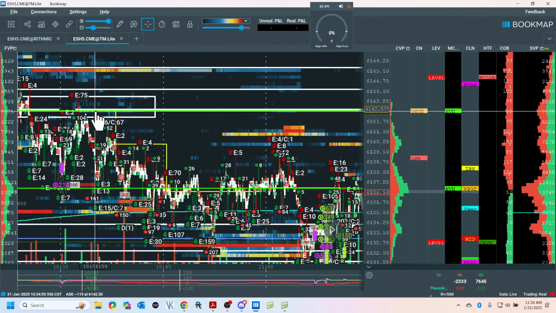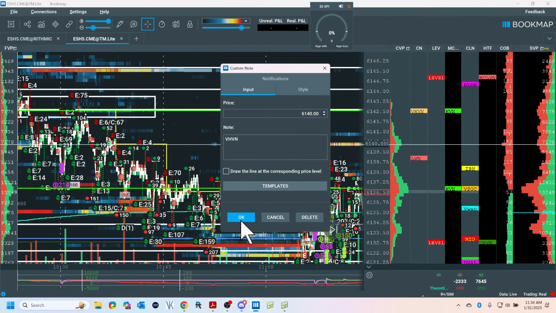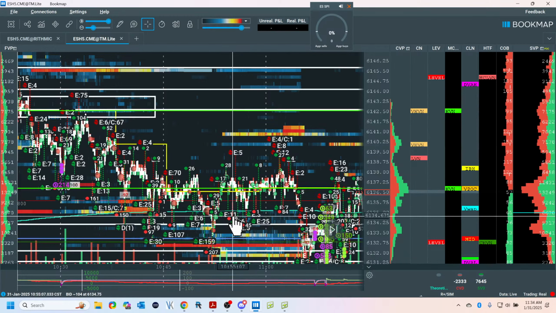Now, this is variable high volume node. What is this? Variable high volume node. Let's label it. What's happening is this yellow line is representing the highest volume for the day. And let's think about this in relationship to what it truly is. It's shopping and valuation. This is what the auction is. What is this thing worth?